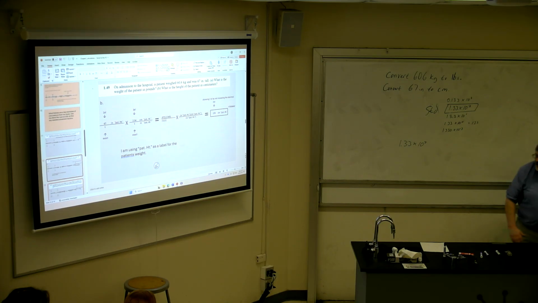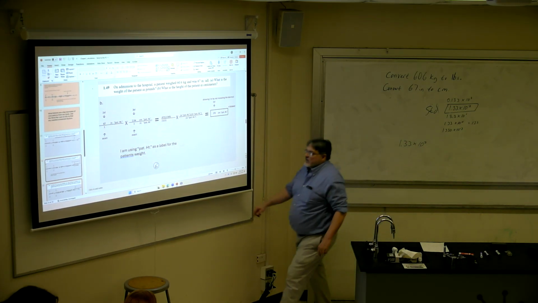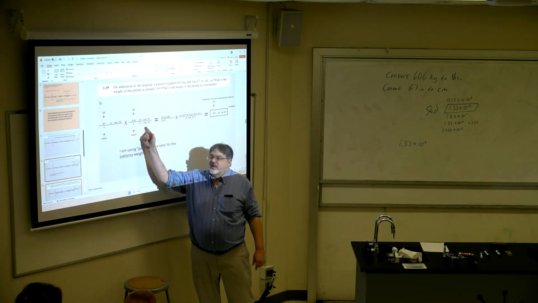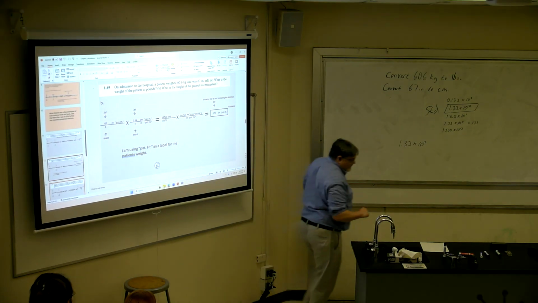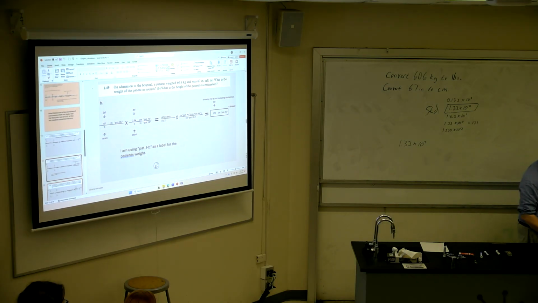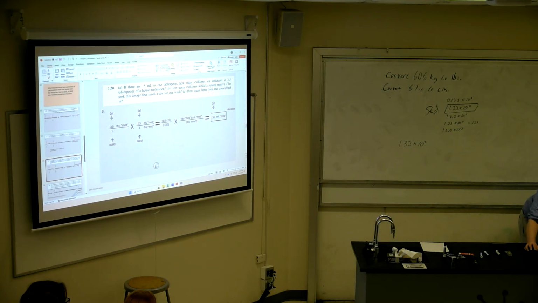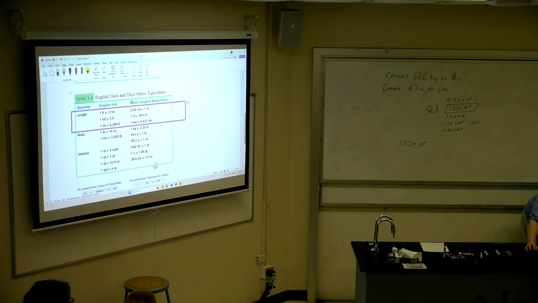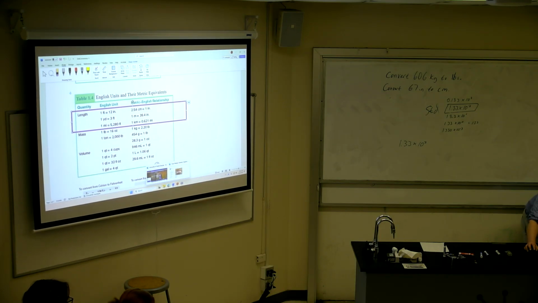Okay, this is just going English to metric, inches to centimeters. You can find that one. You can find this conversion factor on that page. 2.54 centimeters equals 1 inch on that Word file. And find length.